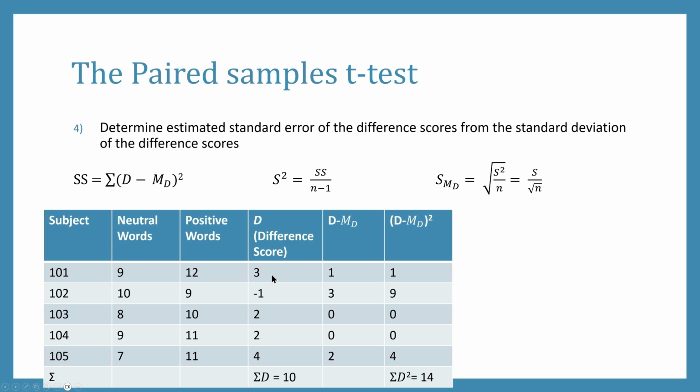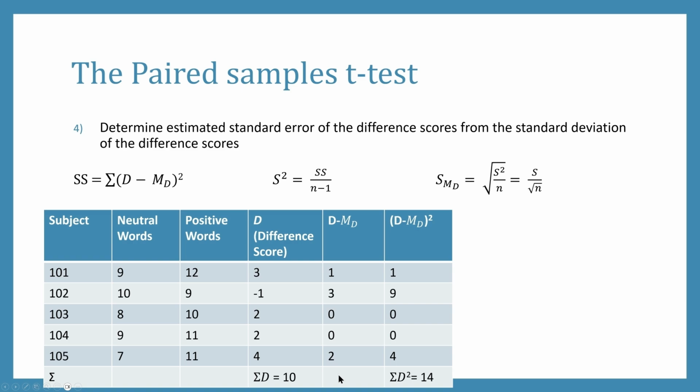The average difference was 2, so this person was 1 higher than the average. This person was -1, so they are 3 points below the average, and that should have a negative there. Oops. Then we have these two people that are right smack on the average, and then this person who is 2 up. If I remember to put the negative sign here, you would note that if you added all those up, it would equal 0.